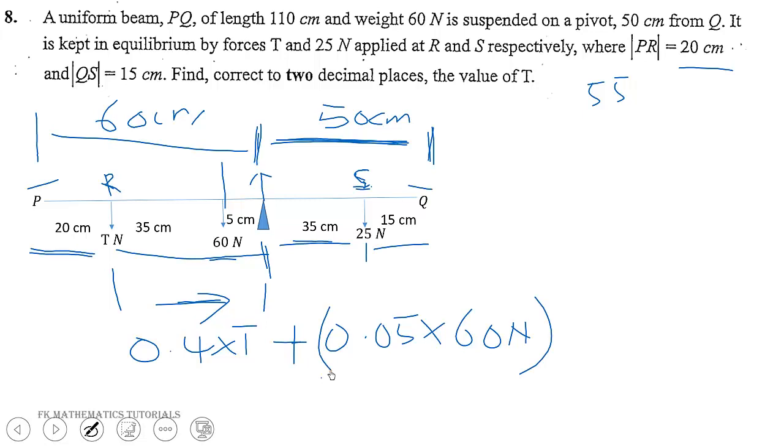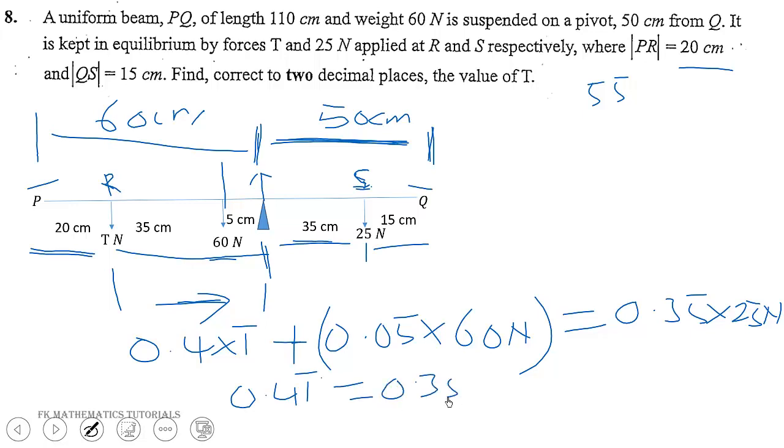It should be equal to the clockwise moment. So the clockwise moment about the pivot will be 25, we have only one, 25 times 0.35 meters, so 0.35 meters times 25 newtons. So we have 0.4T will be equal to 0.35 times 25 minus 0.05 times 60.